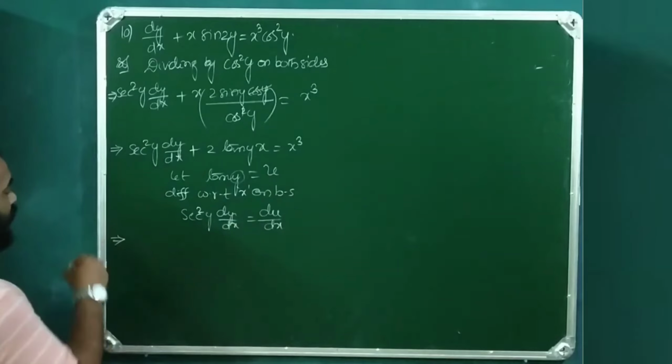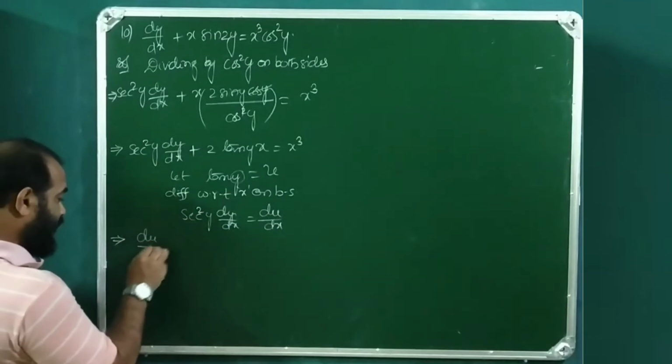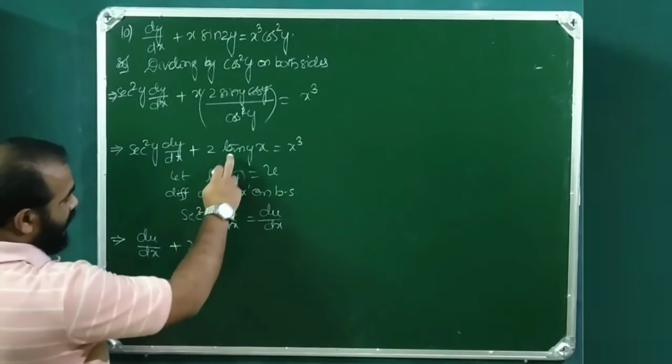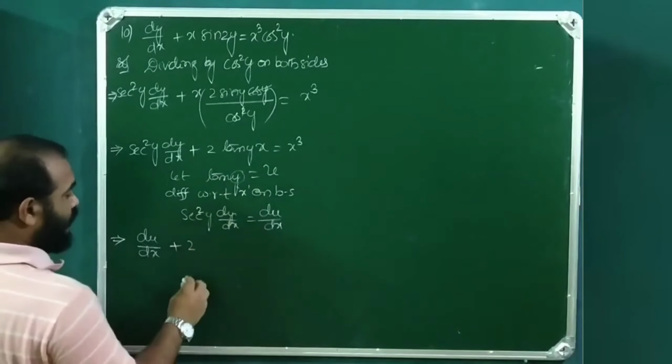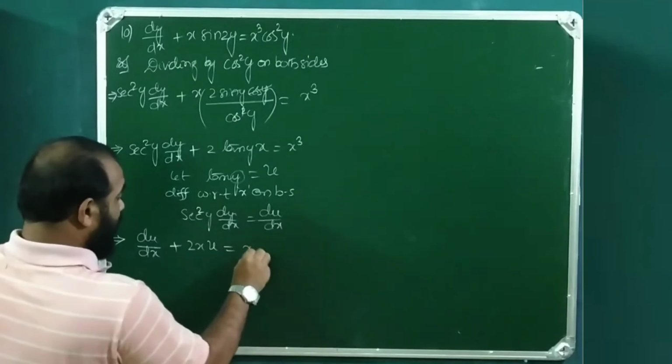So this is equal to secant square y dy by dx is du by dx, plus 2 into tan y is u. So 2x into u is equal to x cube.